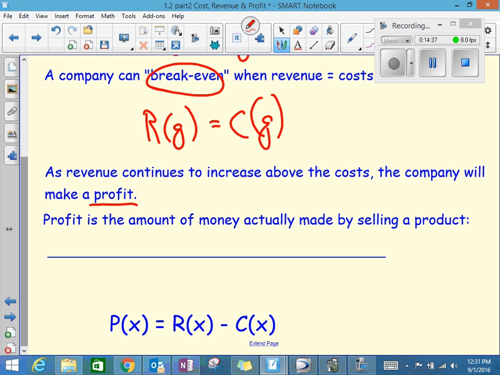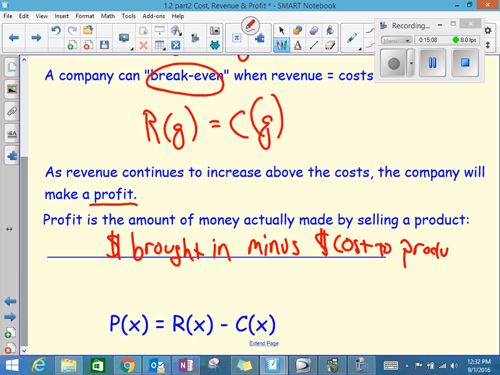Profit is the amount of money actually made by selling the product. So profit is actually taking the money brought in minus the money it costs to make.